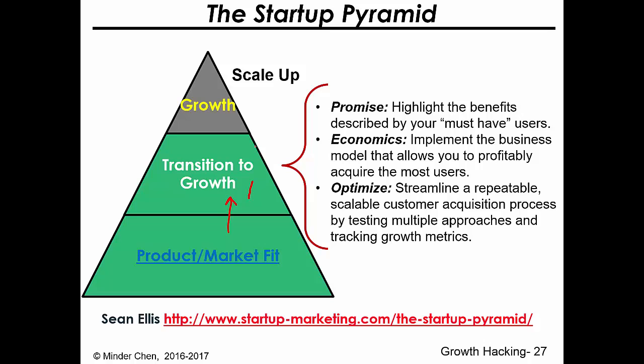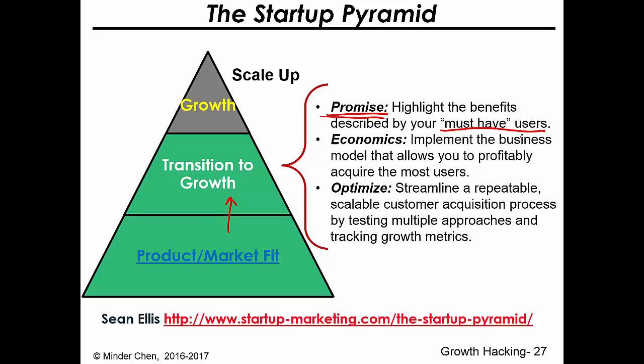During this transition to growth, there are three things that we need to pay attention to. We will focus on our promise, which means that we're going to deliver something that the user feels they must have.